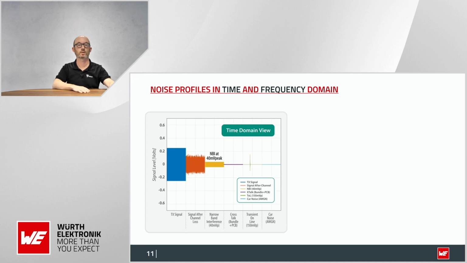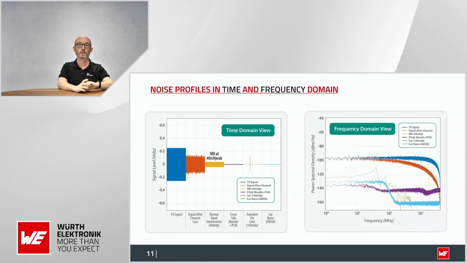When having a look in the frequency domain, we can see in the same colors the TX signal coming out of the transmitter and the orange signal as it is received after the channel. You can see the frequency dependent attenuation. The higher the frequency gets, the bigger the attenuation gets.